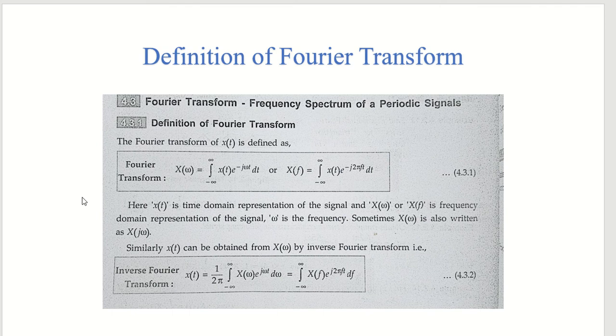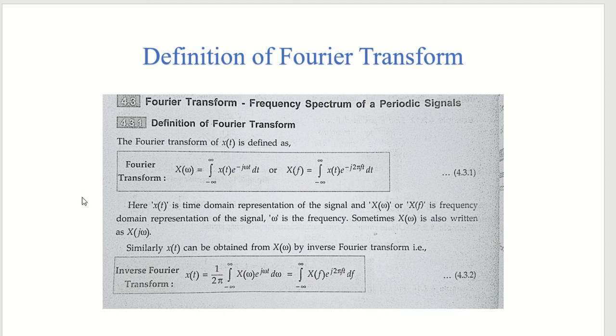If my base signal is x of t, you can take the Fourier transform of x of t and you can get the frequency signal x of omega in output, right? So when you do the Fourier transform of x of t, how will the resultant output signal x of omega look like? So x of omega will be equal to integration from minus infinity to infinity x of t e raised to minus j omega t into dt. That is the formula to convert my signal into Fourier signal.